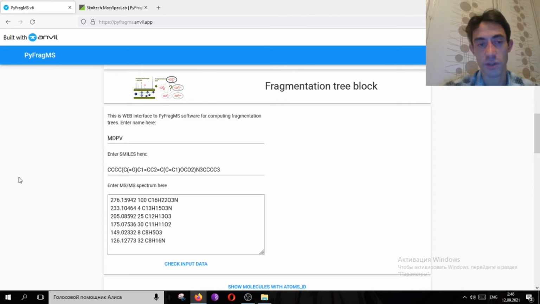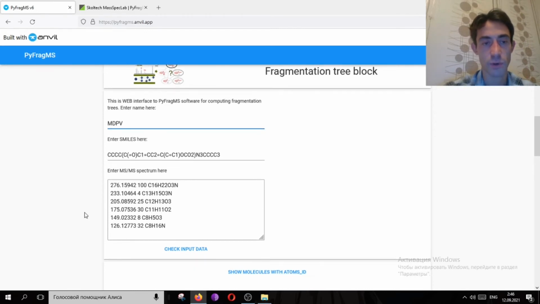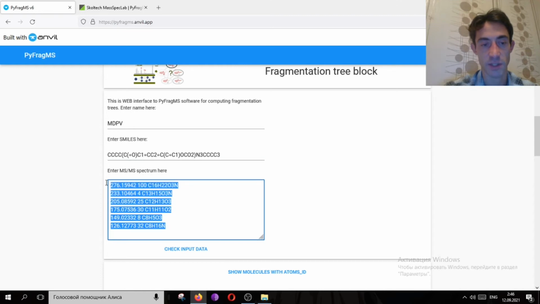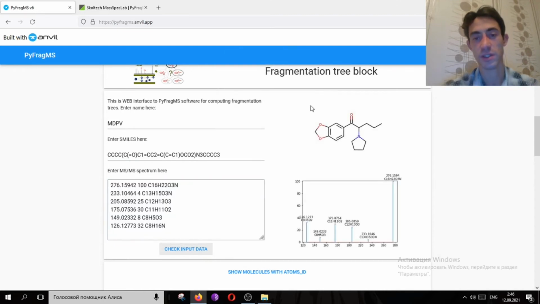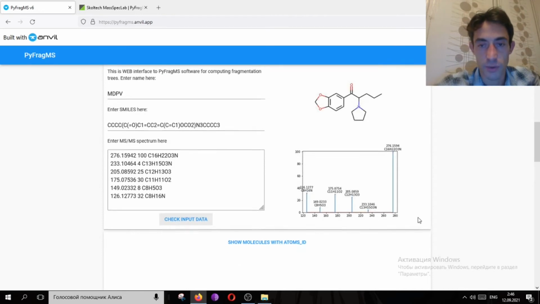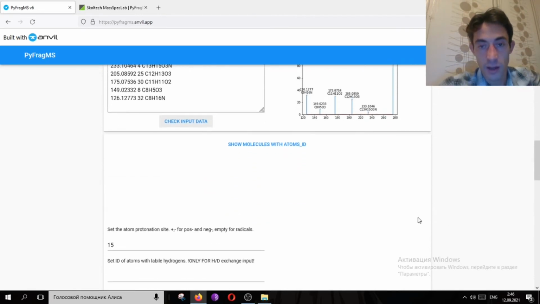So how does it work? First, we should specify the name of our molecule, and of course we need to specify the structure and MSMS spectrum. If we press check input data, we will see our structure and MSMS spectrum in the conventional view.